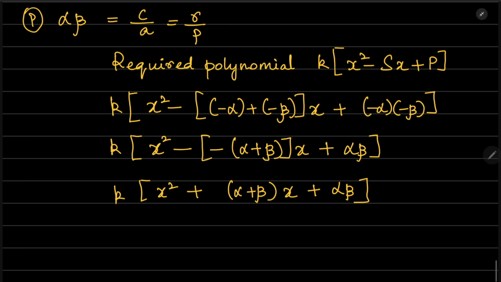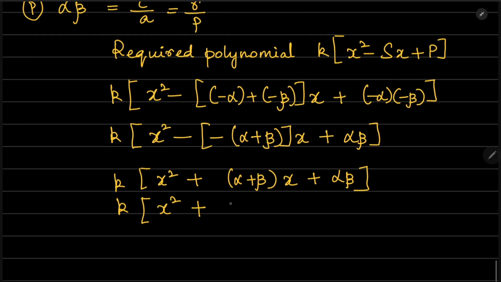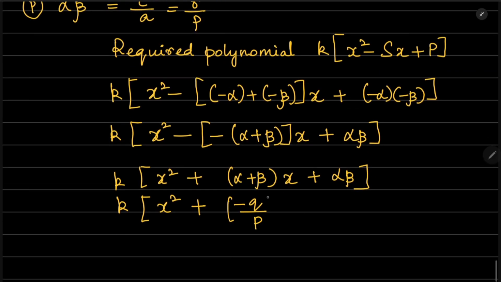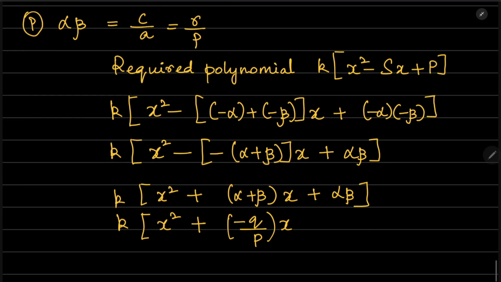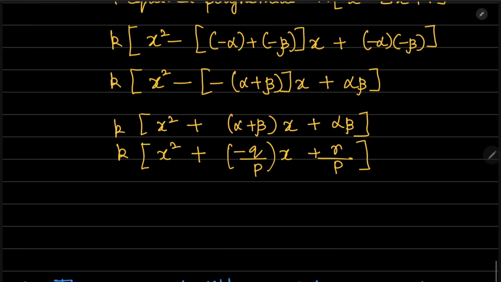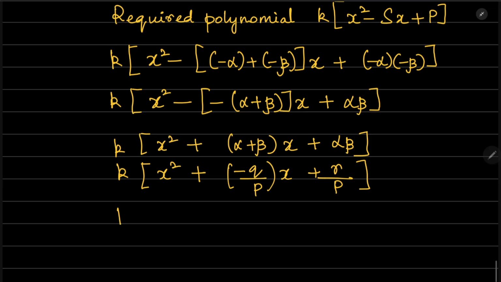Let's substitute it here. So you get k multiplied by x square plus minus q by p into x plus r by p. So take p as LCM. The whole divided by p is the LCM.